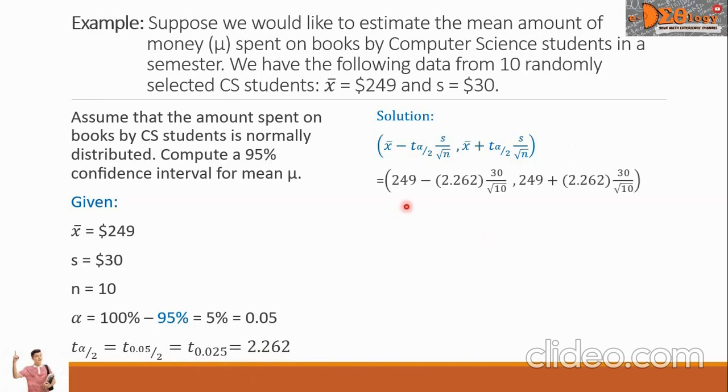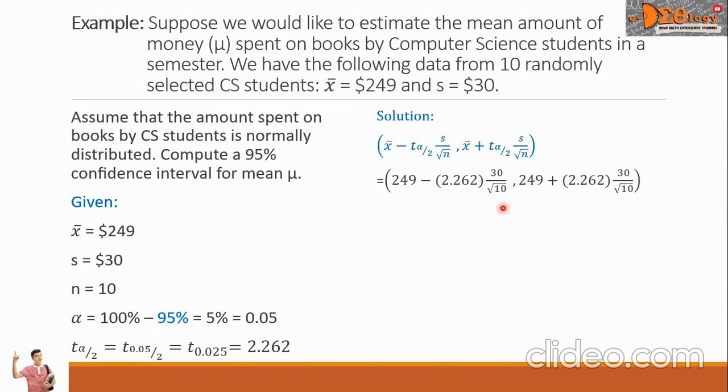Here it is. We have now the X bar to be 249 minus the t value sub alpha over 2 is now 2.262. In the fraction, the S is 30. And in the denominator, it is square root of n, so it becomes square root of 10.